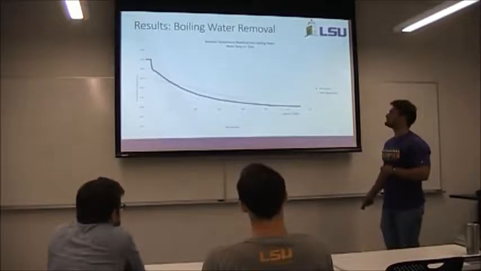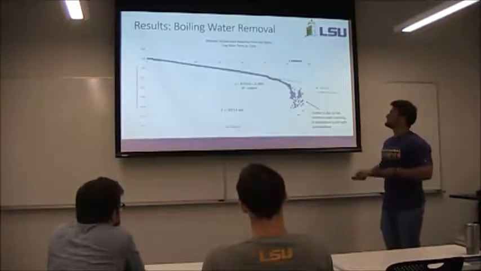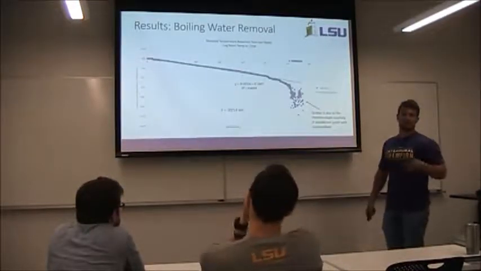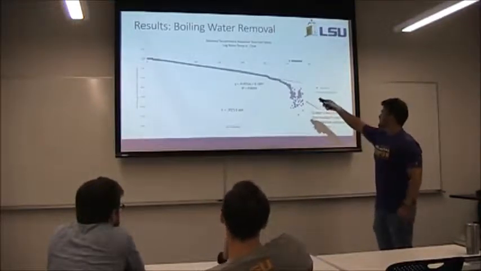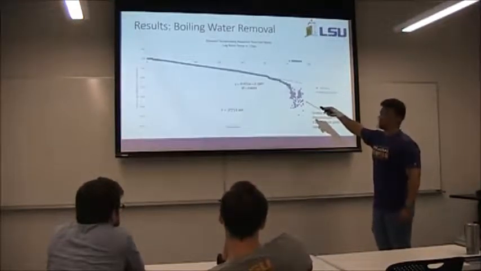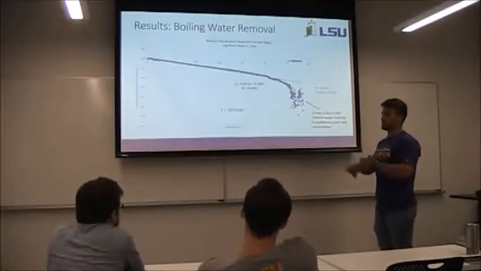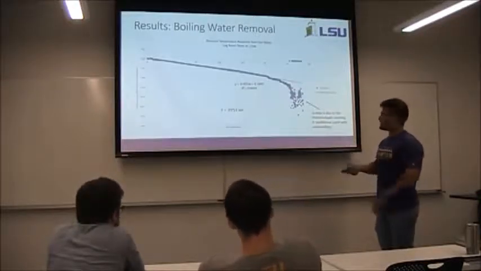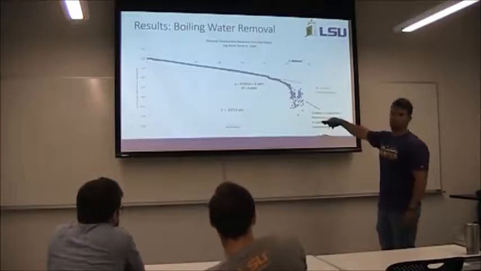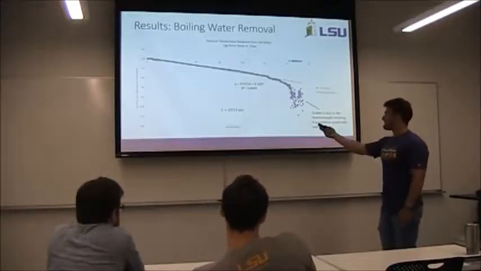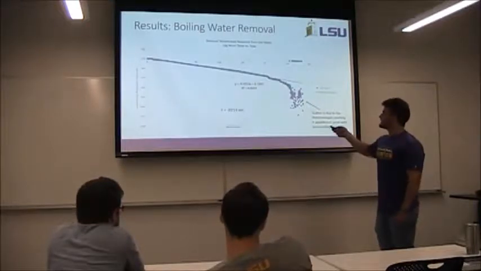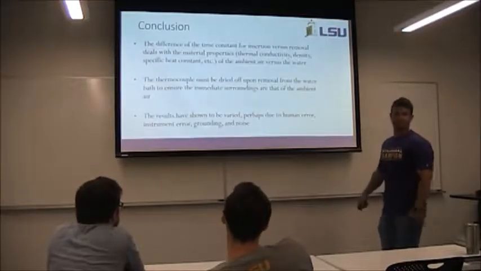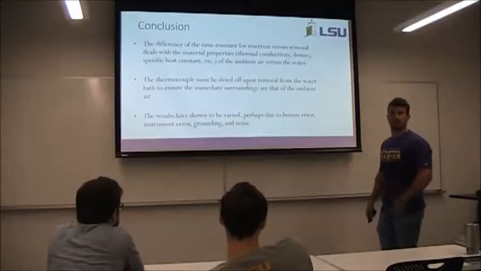At the end, when it was trying to find its equilibrium point, it started oscillating and going all over, and the log graph represents that. I have a tau of 0.0153, which I don't believe is correct. After class we can talk about it and see what I did wrong.